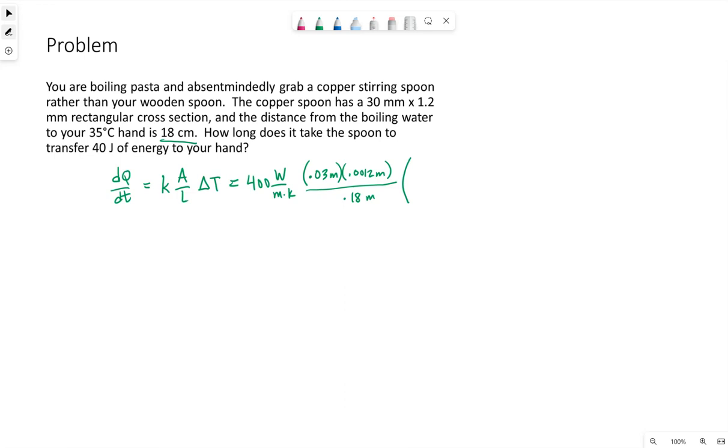The difference in temperature. We know our hand is 35 degrees Celsius. Boiling water is 100 degrees Celsius. So if we take the higher temperature minus the lower temperature, that difference in Celsius will be the same as the difference in Kelvin.